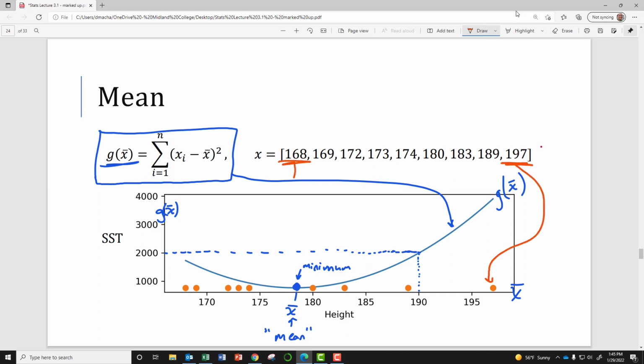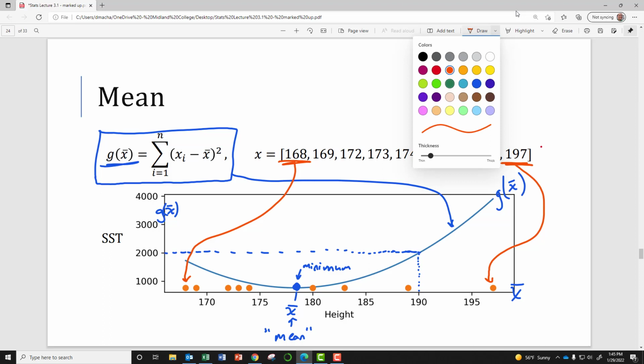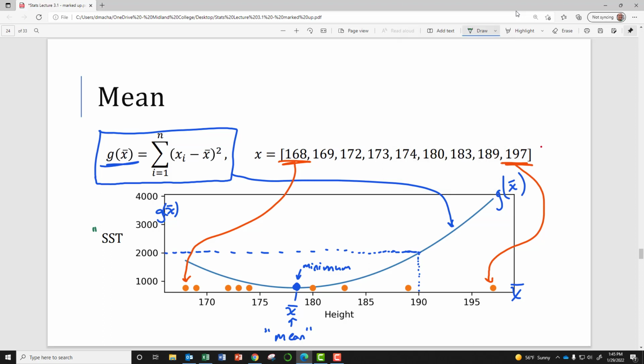And again, these orange dots represent data points or measurements from my data set. One last thing before I move on. This SST stands for the sum of squares total. That's where SST comes from.